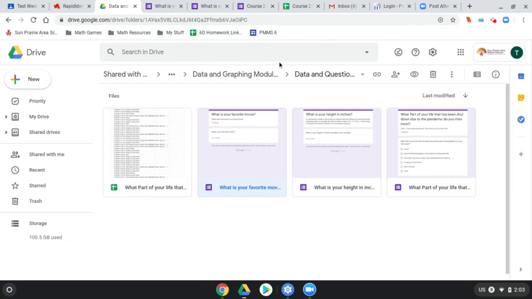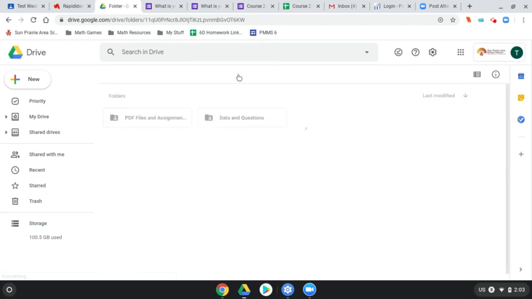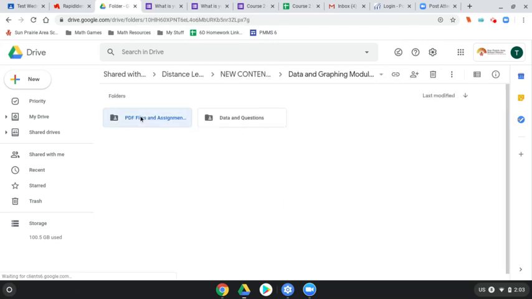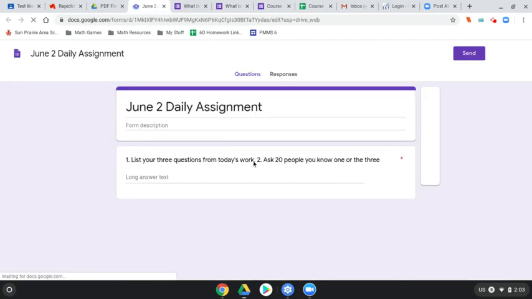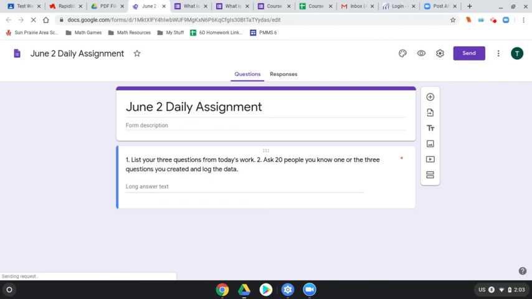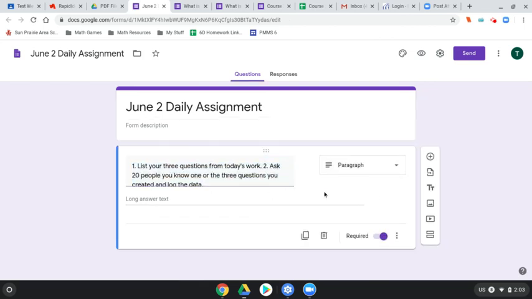So let's take a look at what your job is today. We're going to go back to here and pull up today's assignment. Your job today is to come up with 3 questions. You have to come up with your own 3 questions. I had 3 questions; you can use ones similar to mine. You just type them in here, 1, 2, and 3.